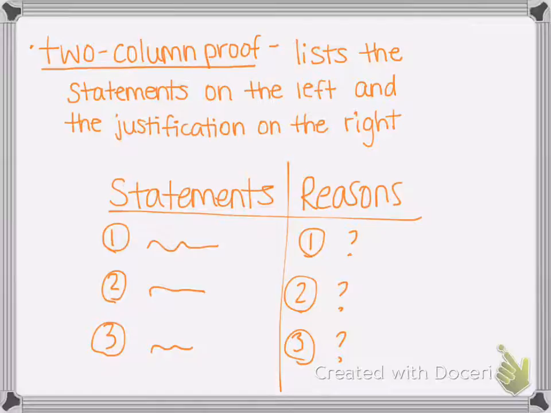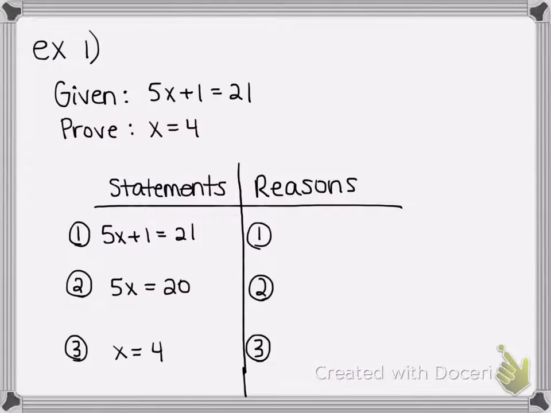Okay, so we are going to move into example 1. The first one's kind of easy, just to get you through what it looks like and what you have to do to follow through. So example 1. This is how a proof usually is going to look. You are going to have a given statement, so that's what you start with.